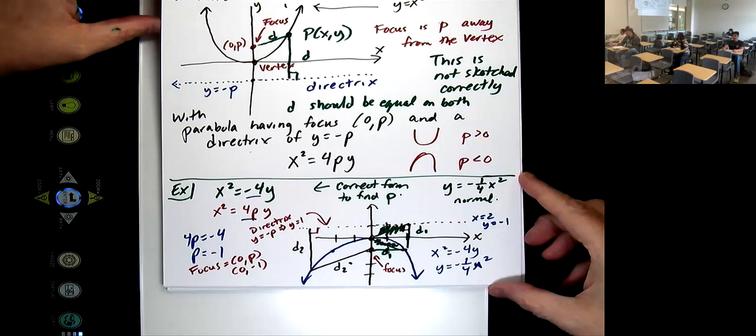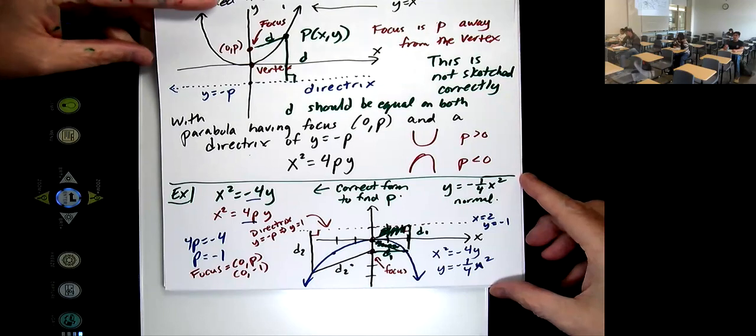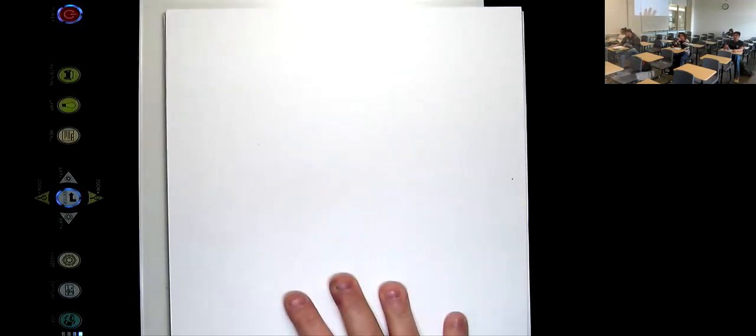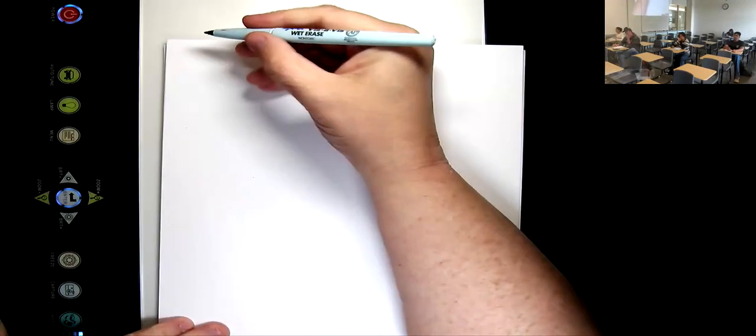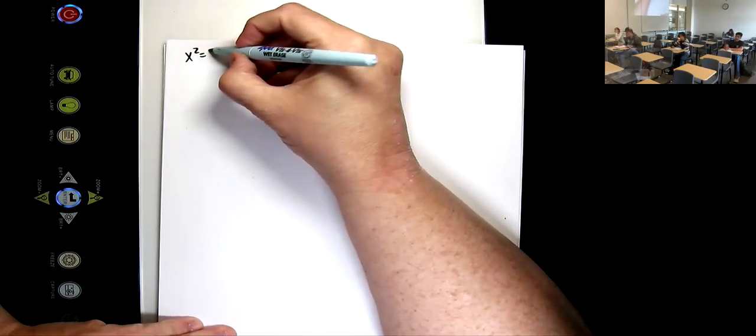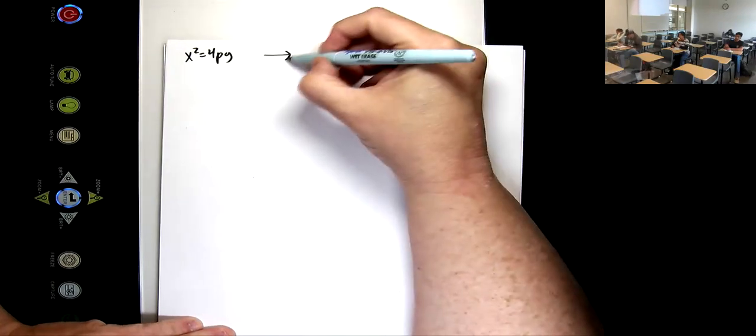All right, you guys ready for the sideways one? The sideways one is the same setup. Instead of x squared equals 4py, we switch it around for sideways.